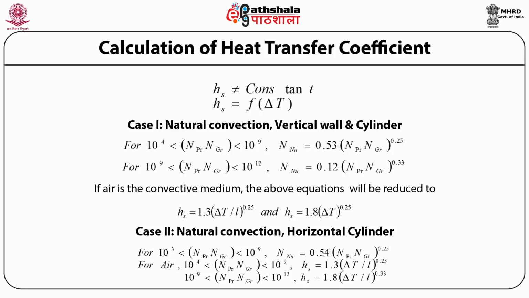And when the product of Prandtl and Grashof number is between 10 to the power 9 and 10 to the power 12, hs will be equal to 1.8 into (del T by L) to the power 0.33.